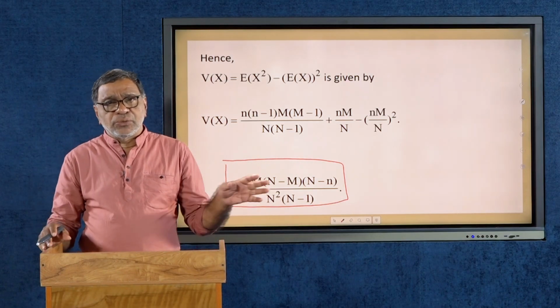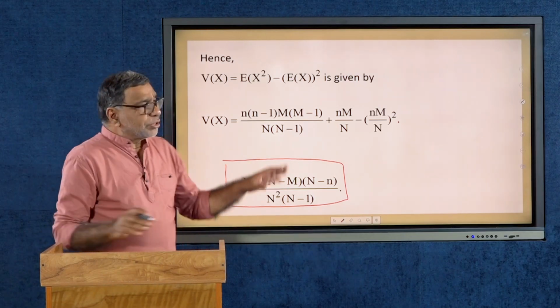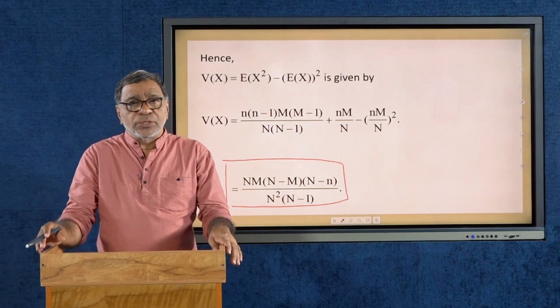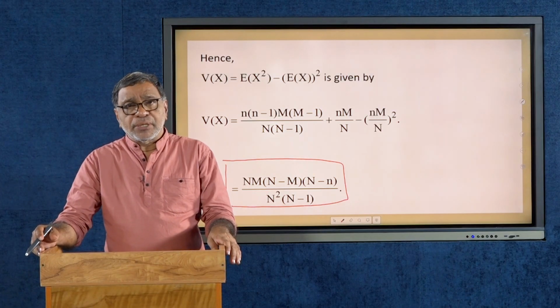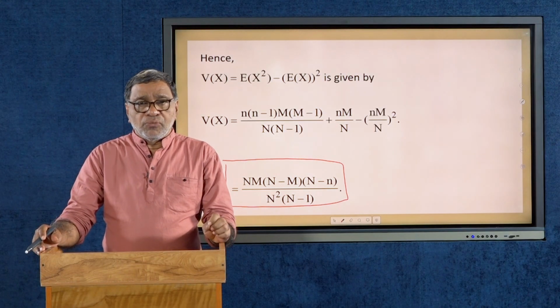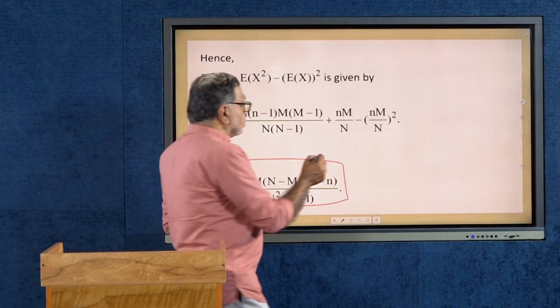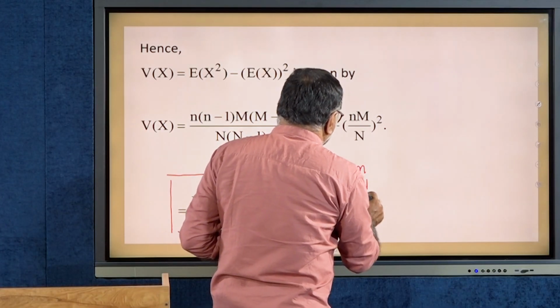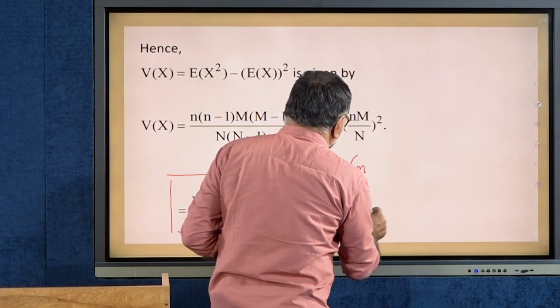Only thing is that you expand the expression here and simplify, we will get the result n into capital M, capital N minus M, capital N minus small n divided by capital N square into capital N minus 1, where small n, capital N and capital M are the parameters. What is the significance of these quantities?